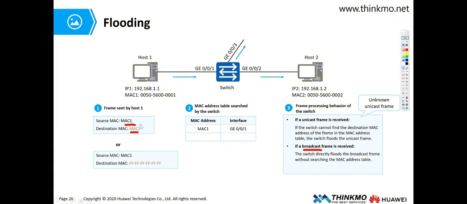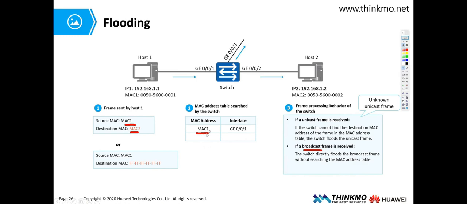In this process, I will look in my table to see if there is a route to this MAC-2. First, when I receive data, I will definitely put it in my record table, which means I will record the MAC address corresponding to my J001 in the MAC address table as 1. Then, it needs to go to this MAC-2. I look in my own table and find that there isn't one.